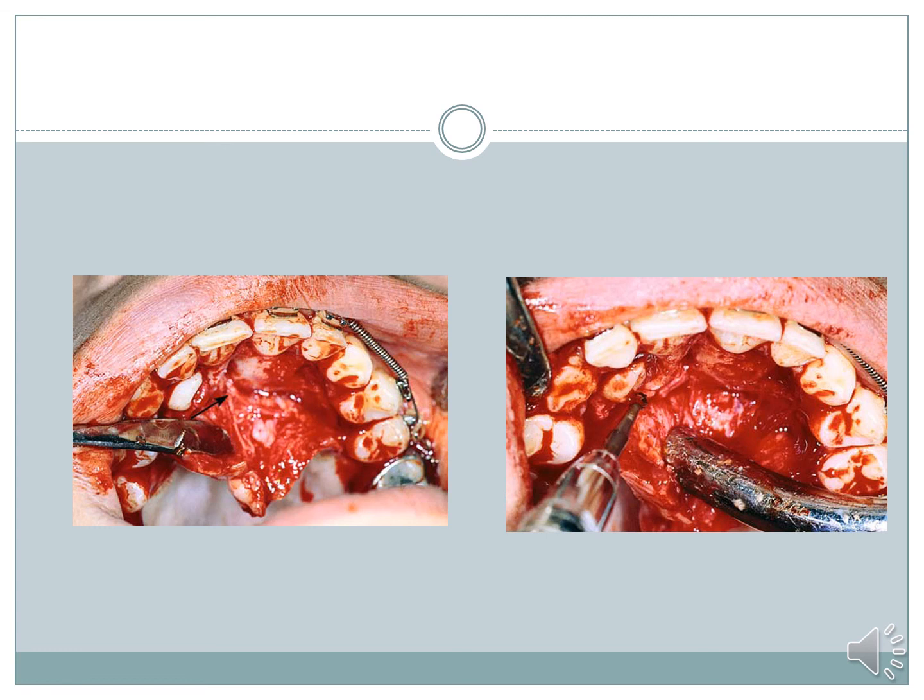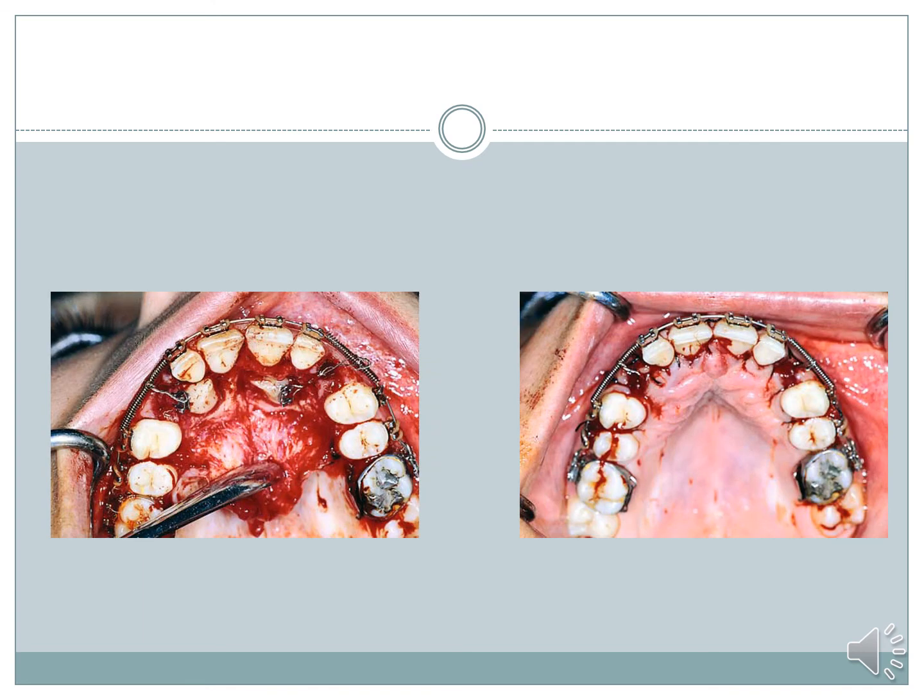The clavicular incision is placed and then the tooth is exposed so that an orthodontist could place a bracket on the exposed tooth and then tie it to the arch wire to bring in alignment to its position.